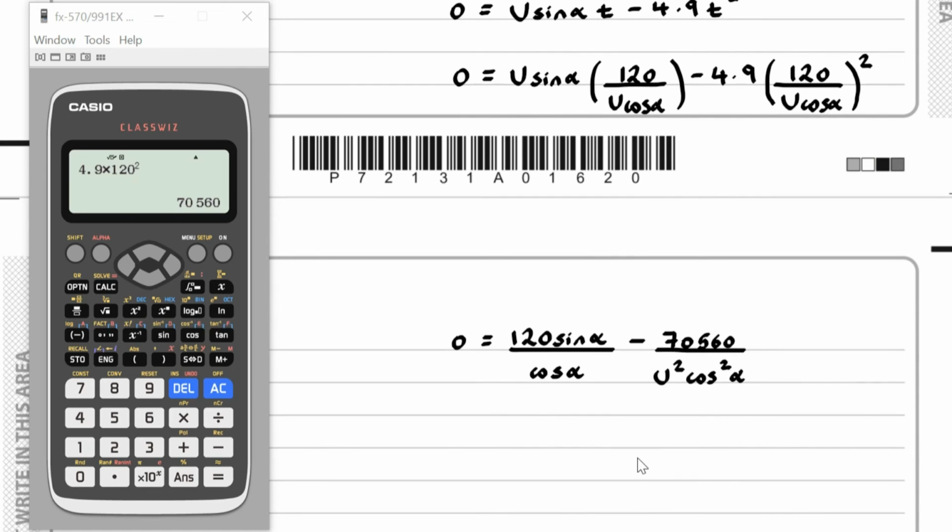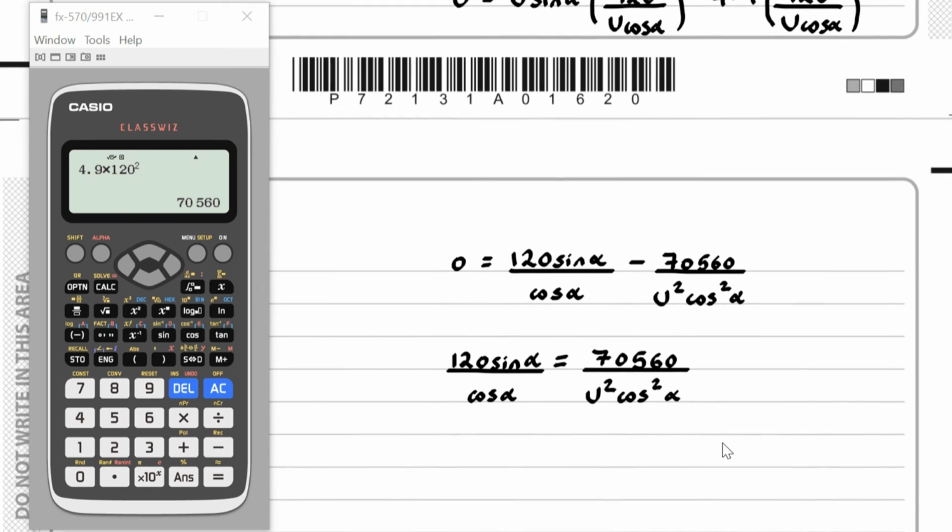So if we rearrange, we have 120 sine alpha over cos alpha equals 70,560 over u squared cos squared alpha.